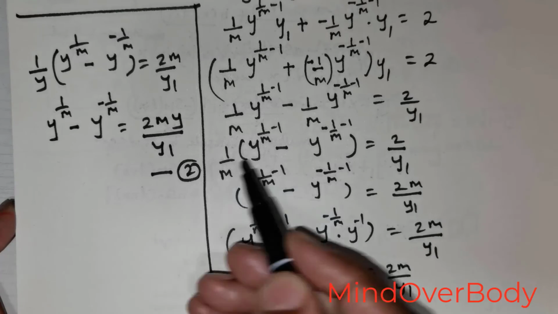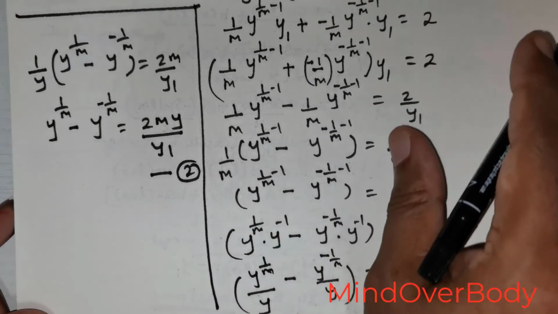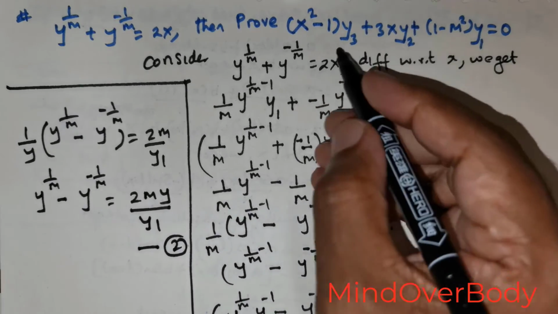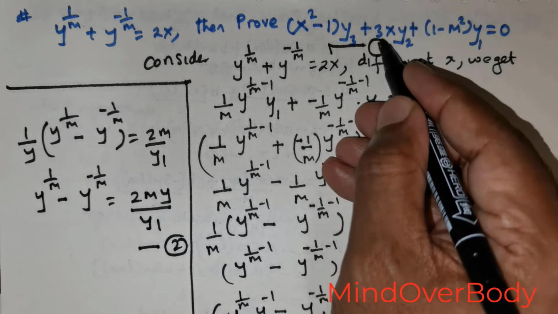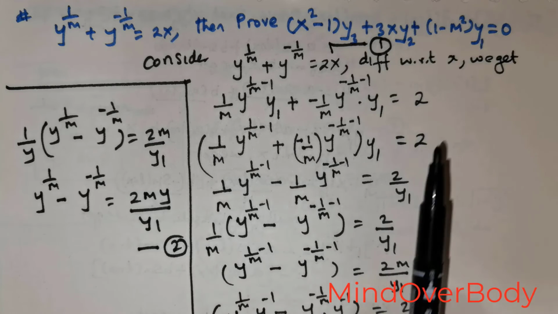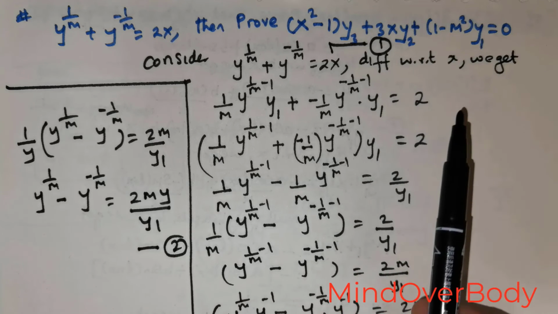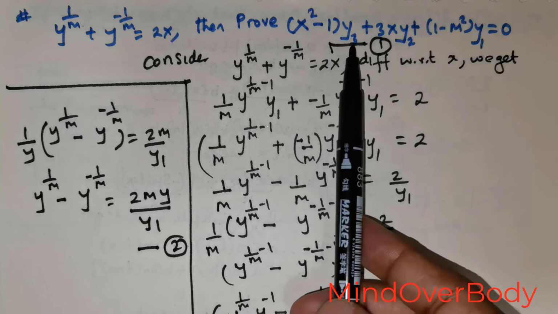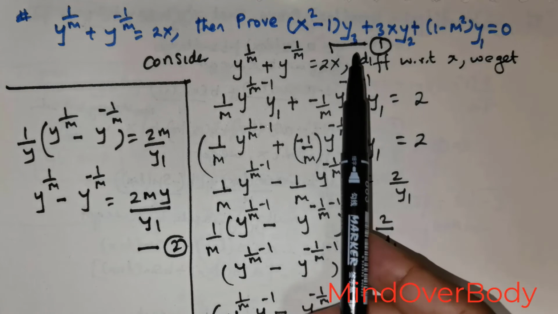So this is 2, and I'm going to take this as my original system 1. Fair enough. Now you would be tempted to obtain the second differential y2, because in this case we just differentiated one time, but we need to get up until y3.